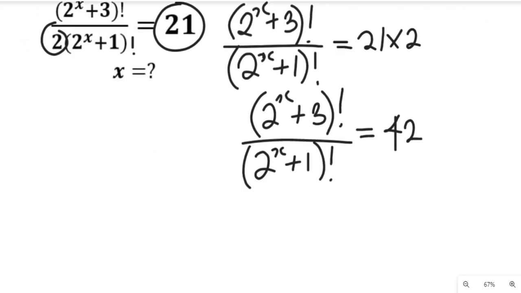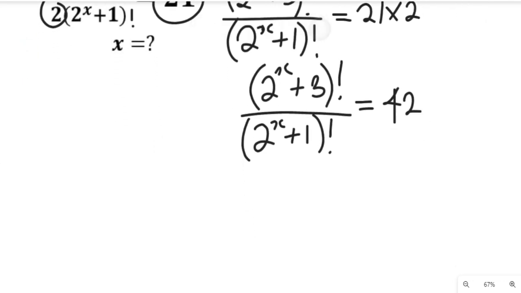Having cleared that 2, the next thing we will do is express this value in the form of factorial. Remember, factorial is the product of all whole numbers from our chosen number down to 1.